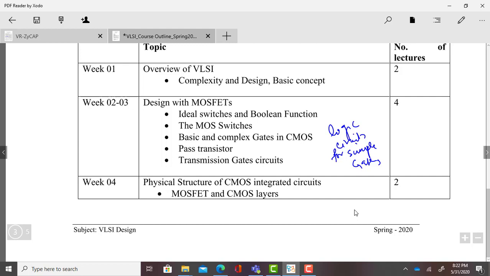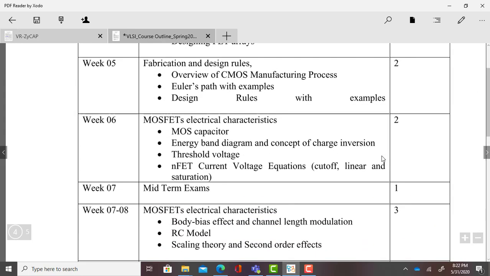So how now we are moving closer to, near to silicon. How we are able to translate this logic gate into a physical silicon structure. Then again, that is continued.